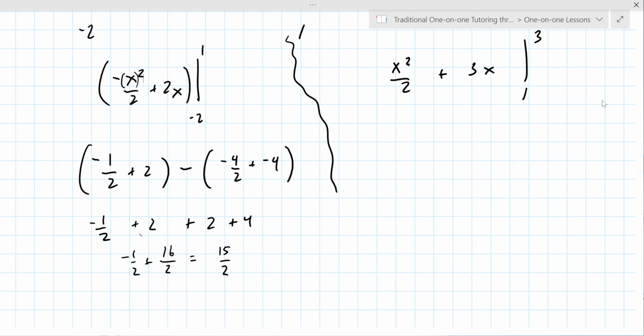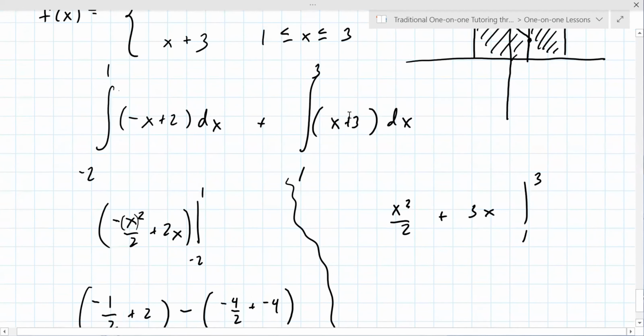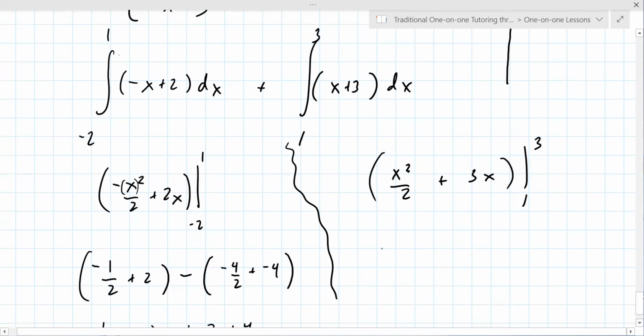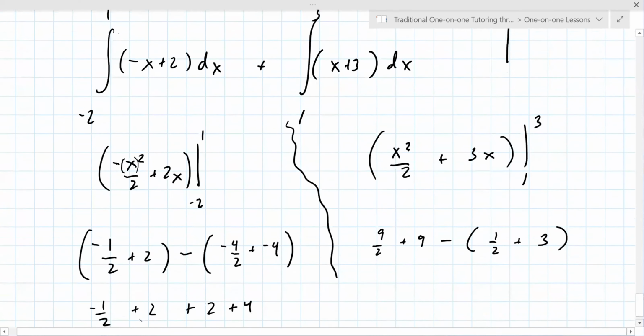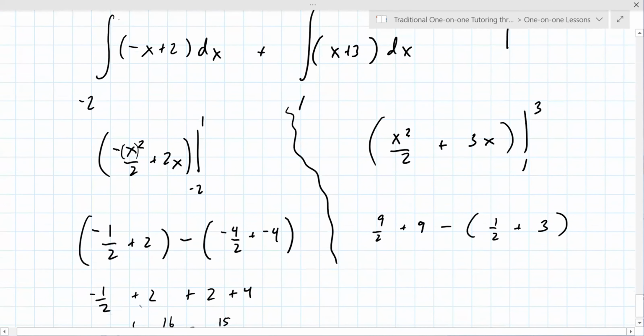And then this one on the right. Okay. Same deal. X squared over 2 plus 3x from 1 to 3. Okay, so then it's 3 squared over 2 plus 3 times 3, plus 1 over 2 plus 3.